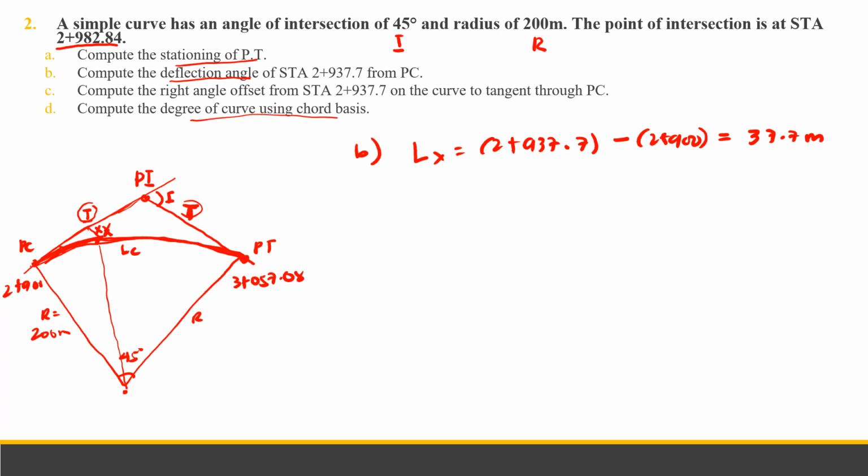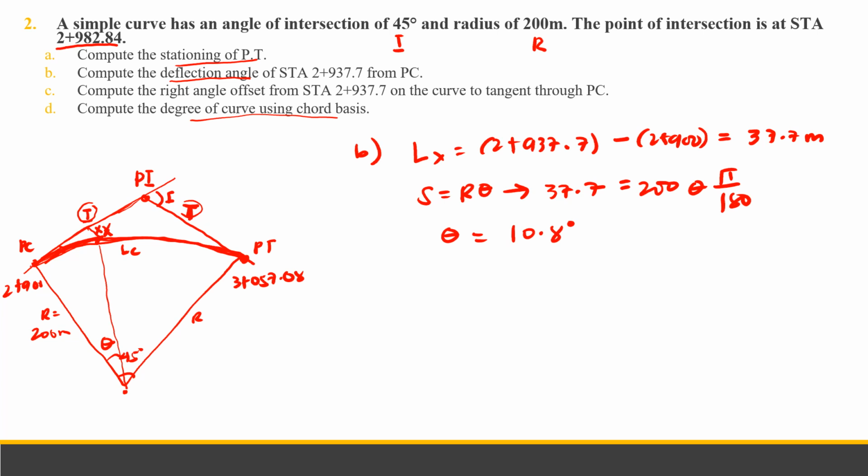Okay, so yung formula kanina, length of curve is r times the central angle. So meaning 37.7 is equal to the radius times theta times pi over 180. So the central angle from PC to X is equal to 10.8 degrees.